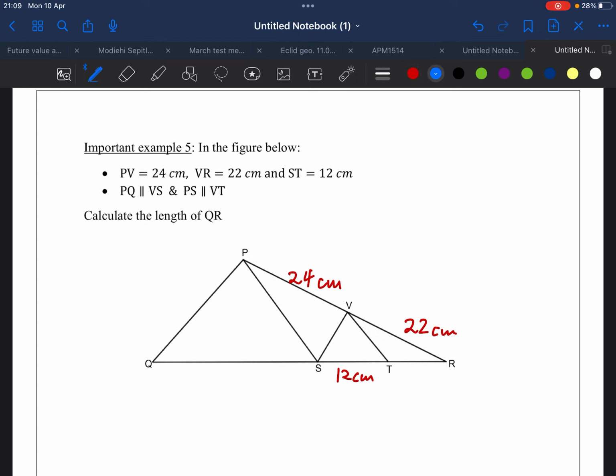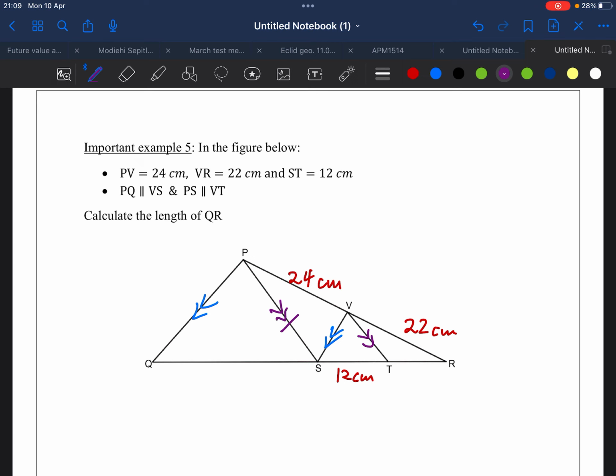It is further given that PQ is parallel to VS, and also PS is parallel to VT.